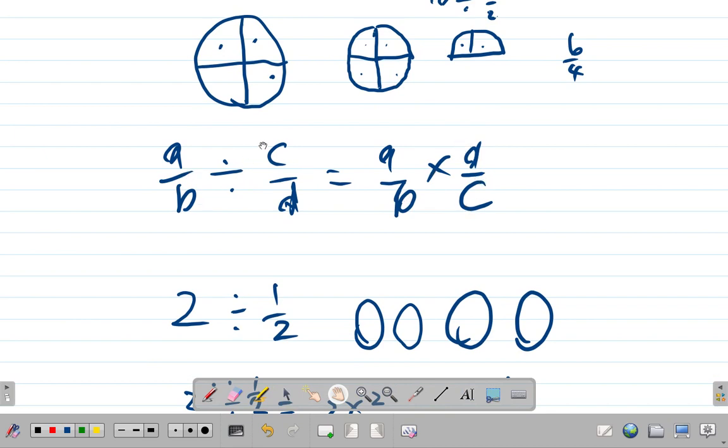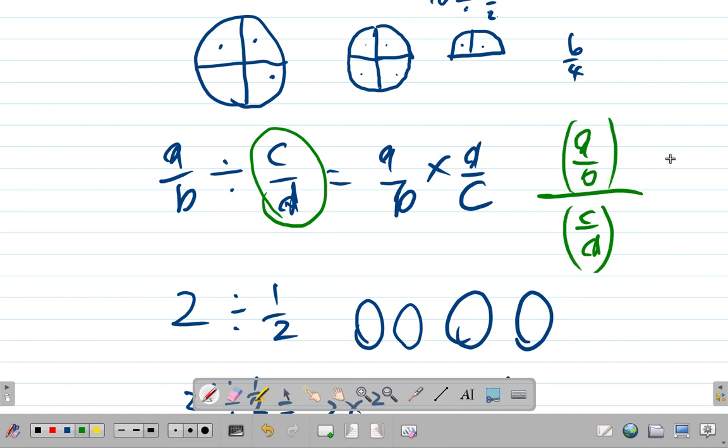A over B divided by C over D is the same as A over B times D over C. You find the reciprocal of the denominator. Because it is the denominator, it could have been written like this: A over B over C over D. So this is really the denominator fraction.